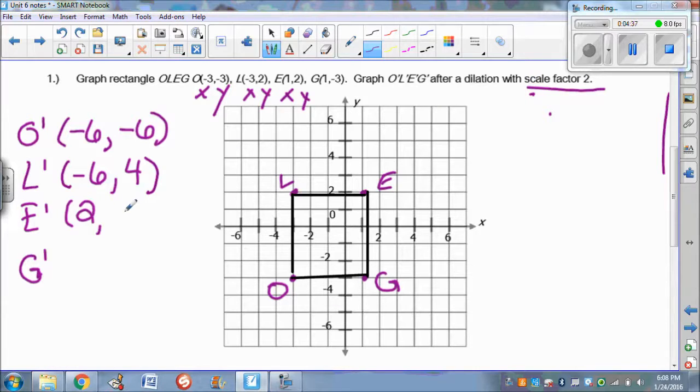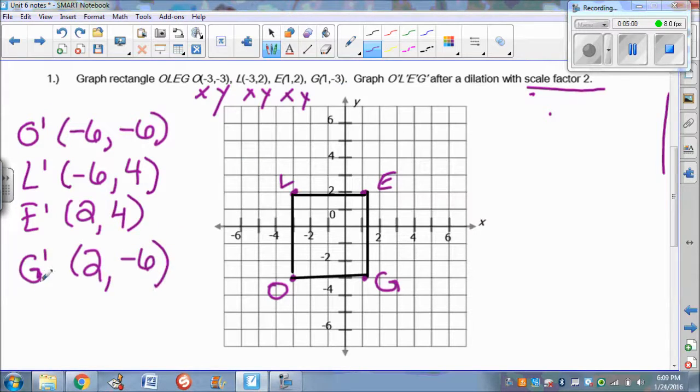You start to see the pattern here. We just keep multiplying everything by 2. We've got to finish it out with G. If I take 1 and multiply by 2, I get 2. And if I multiply my negative 3 by my scale factor, I get negative 6.